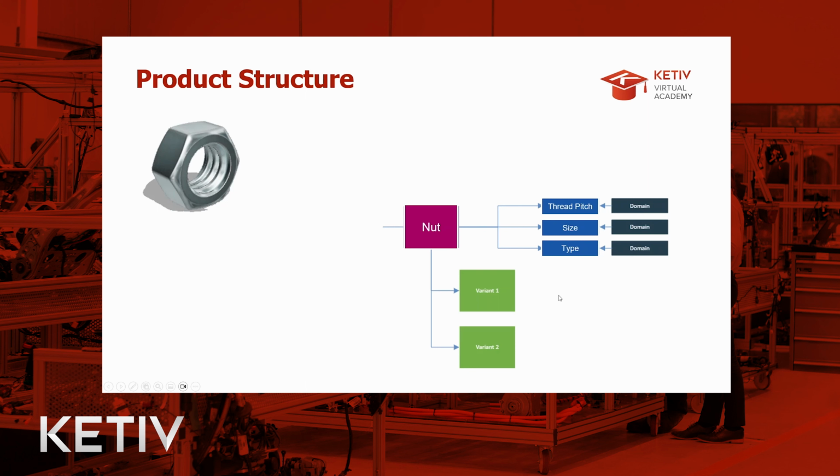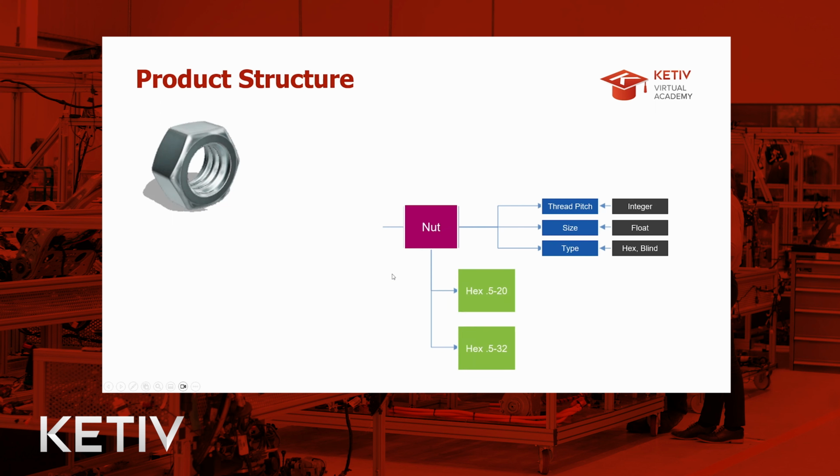That is all defined by domains. In this case, the thread pitch is an integer, the size is a float, or basically something that has decimal places, and the type is going to be, in this instance, a hex or a blind nut.